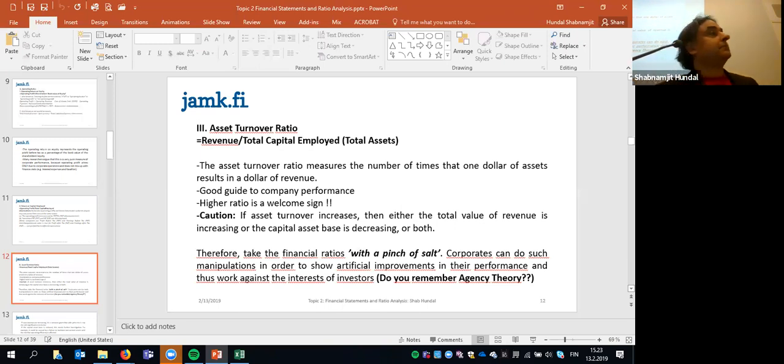So for example, last year, revenue was 200, capital was 500, the ratio was 0.40. It means you can get 40% of your total investment as revenue. It means 0.40 means you need 2.5 years to cover up all the cost.